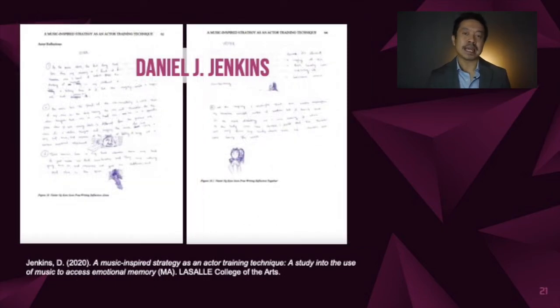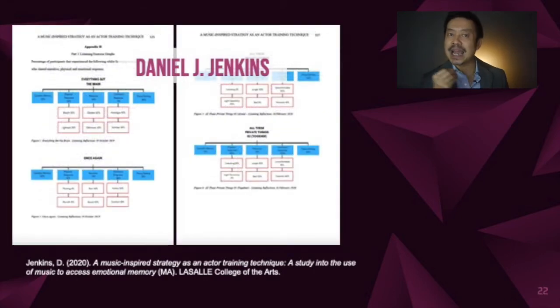But by the time cycle 2 ended, the findings were quite different and a lot deeper. This time, fictitious images and visualizations emerged which were not related to the actors' personal stories. And that was interesting. So Dan Jenkins concluded that music was able to spark the participants' imagination, creativity, and freedom.